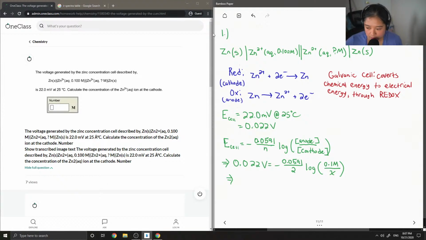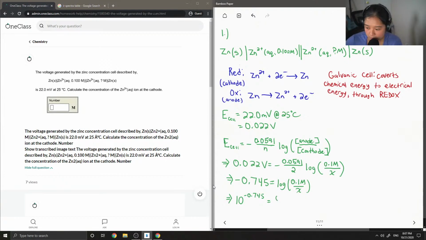So just to simplify things, it's going to be negative 0.745 is equal to the log of 0.1 over X. And then to get rid of log, we're going to do 10 to the power of both sides.